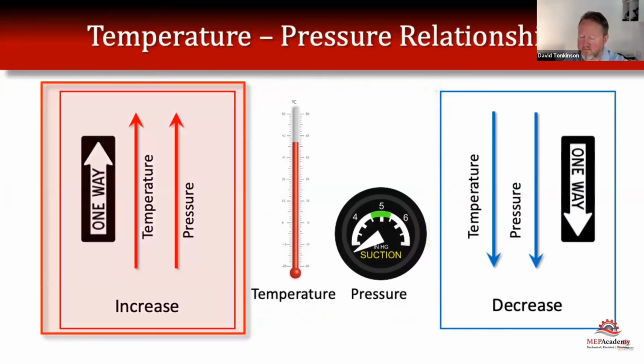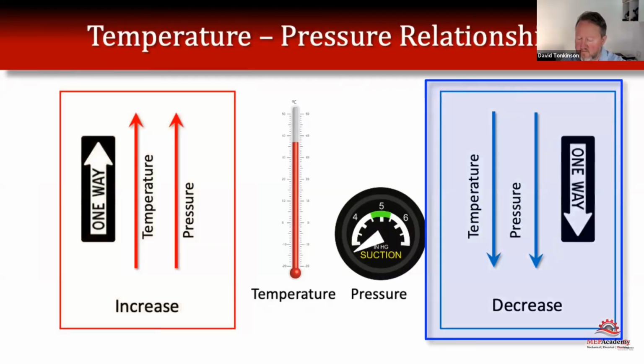If you increase the pressure, then the temperature also increases. That's what the compressor does. It raises the pressure of the vapor from the low side to the high side. The same is true if you decrease the pressure, the temperature also decreases. Pressure and temperature move in the same direction like a one-way highway sign.